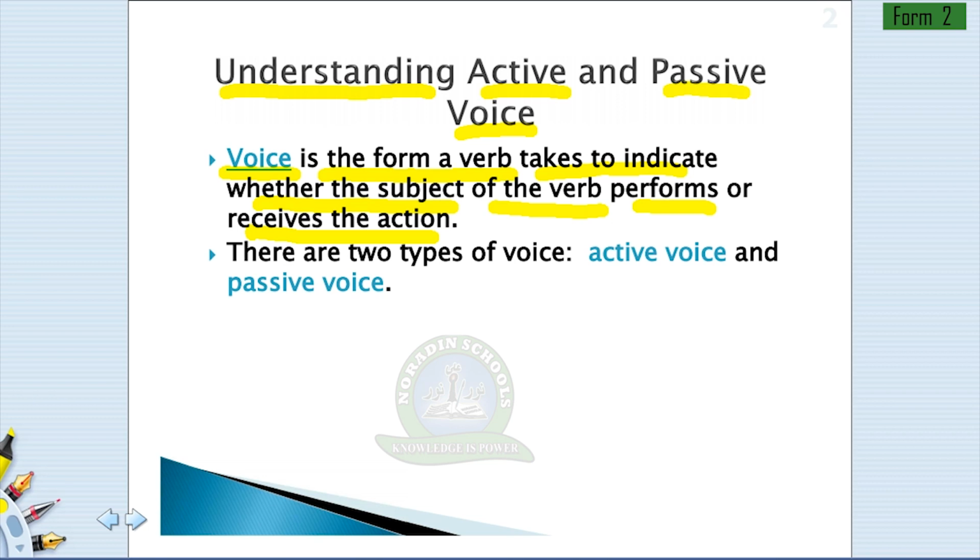There are two types of voice. That means there are active and passive voice. We are not going to study all tenses, but we will see only two tenses, the simple present and simple past tense.